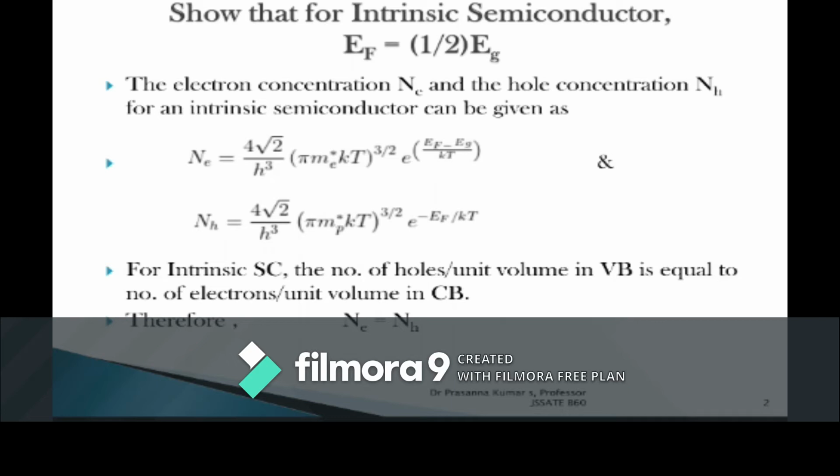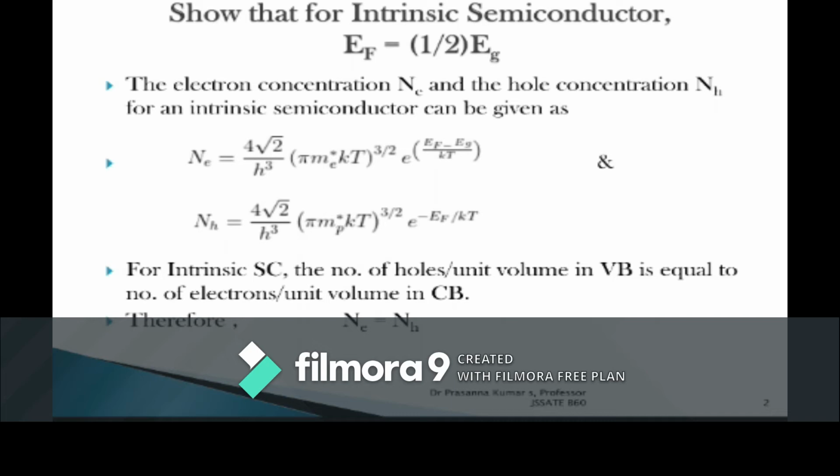It is not that electrons from the lower levels jump into conduction; only the electrons at the topmost levels of the valence band take part and go to the conduction band. Those electrons leave the valence band and create a vacancy, and they occupy the conduction band. So they are exactly equal: whichever electrons left the valence band go and occupy the conduction band.